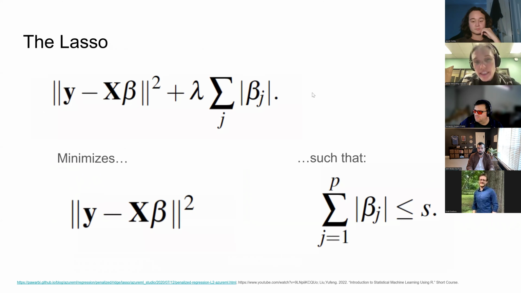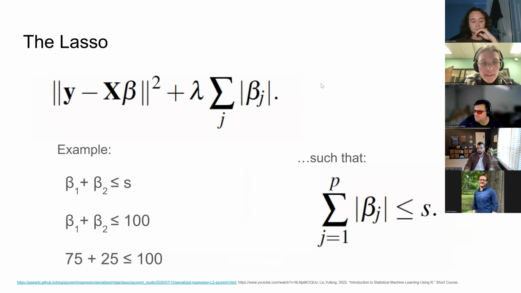And so basically, by minimizing this new function that includes the least squares plus lambda and the sum of coefficients, we're minimizing the least squares such that the sum of the absolute values of the coefficients stays below a certain constraint.